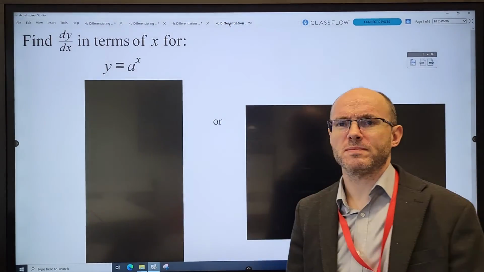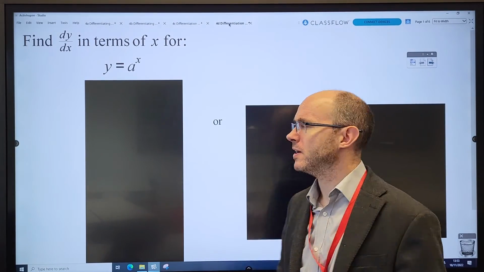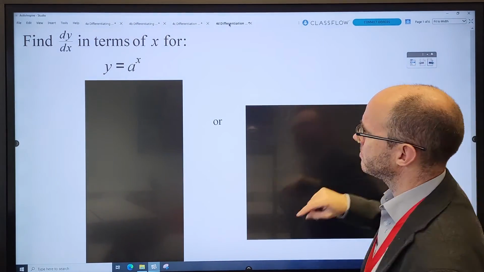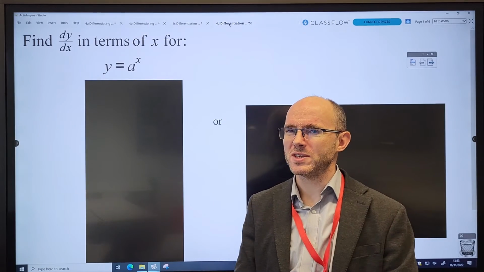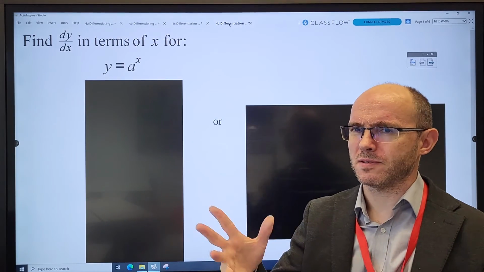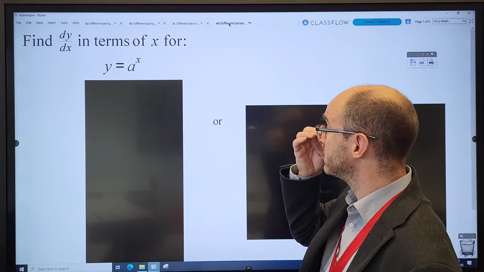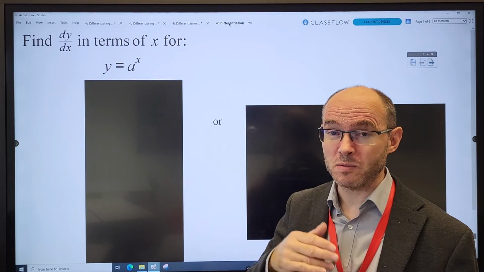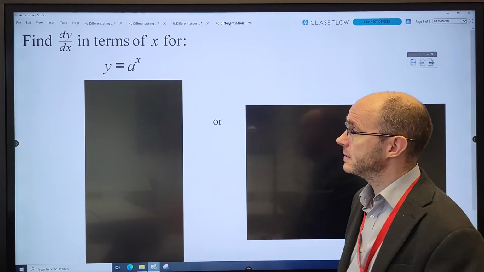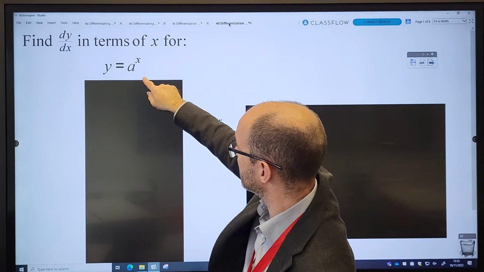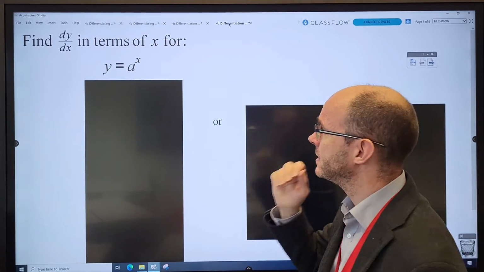In general terms, a to the power of x, where a is any number. When I say any number, I mean not 0, because 0 to the power of x is 0, simple case. So I'm just talking about any number, whether it's a fractional number or a positive number, a 2 or 3 or half, something like that.